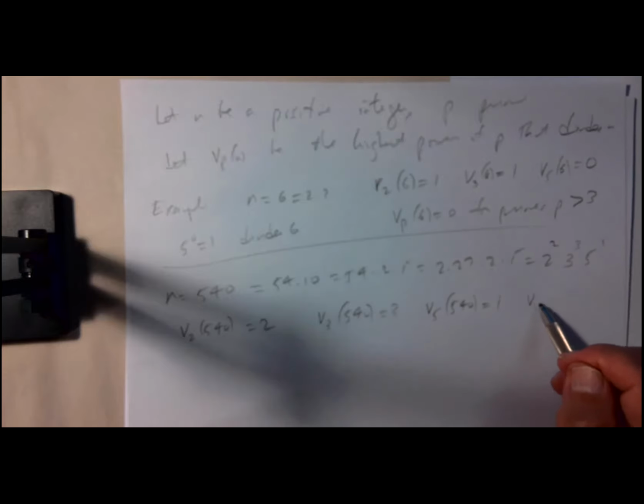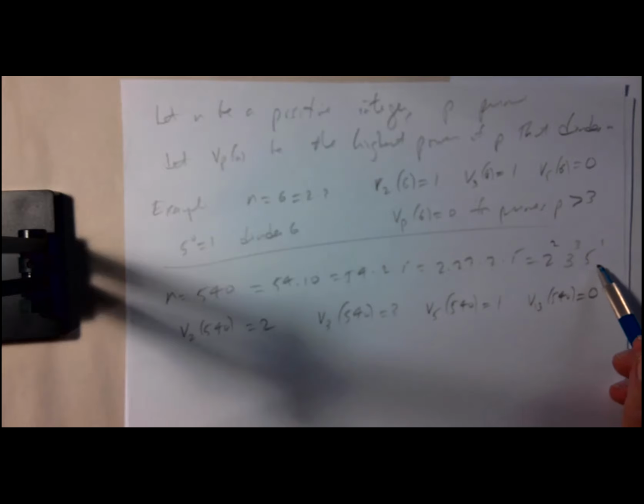The highest power of 13 that divides 540 is 0, because 13 doesn't divide this number. So 13 to the 0, which is 1, 0 is the highest power of 13 that divides this number. Any questions about this?